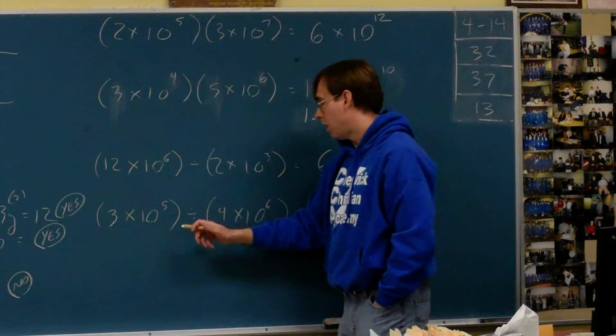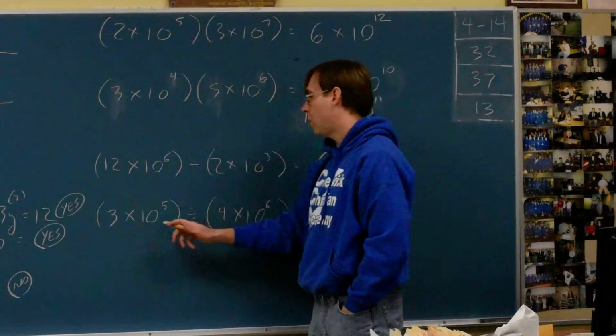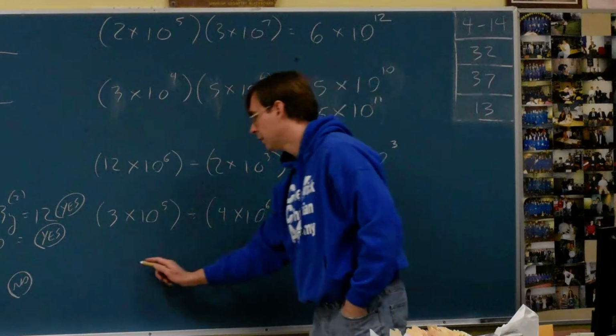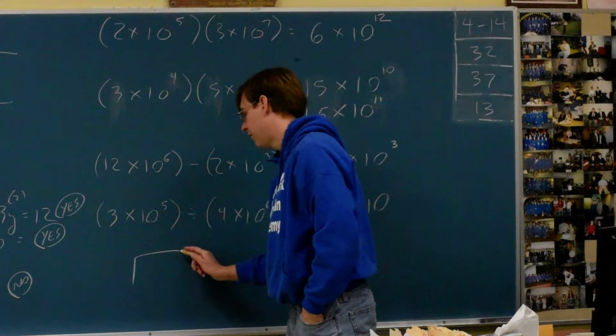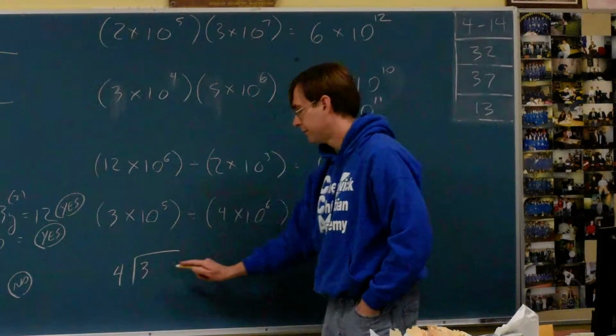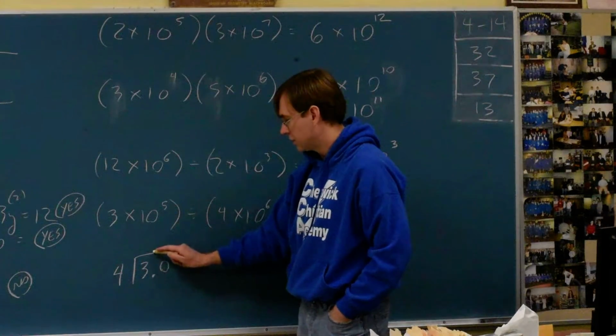This one is less cooperative. So if we're going to go less cooperative, 3 dividing 4 does not work out very well. So if you have 3 dividing 4, you need to go 4 out, 3 in. Do a decimal, do a 0, and just divide it.